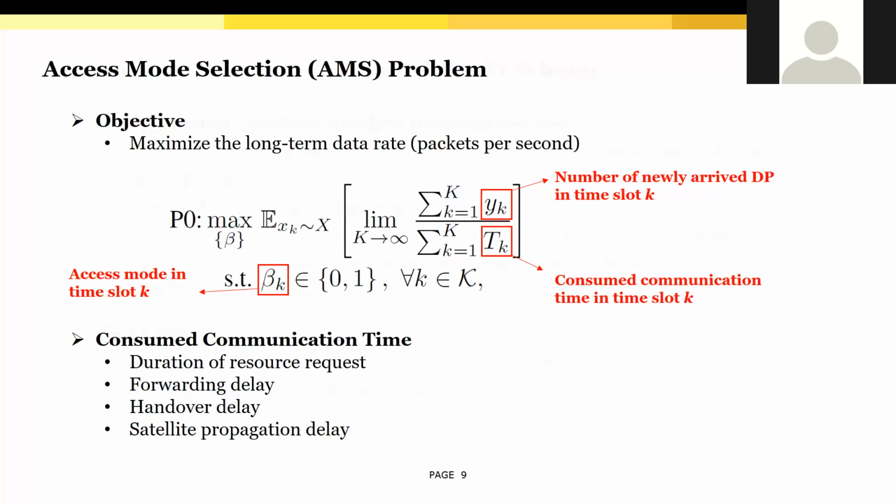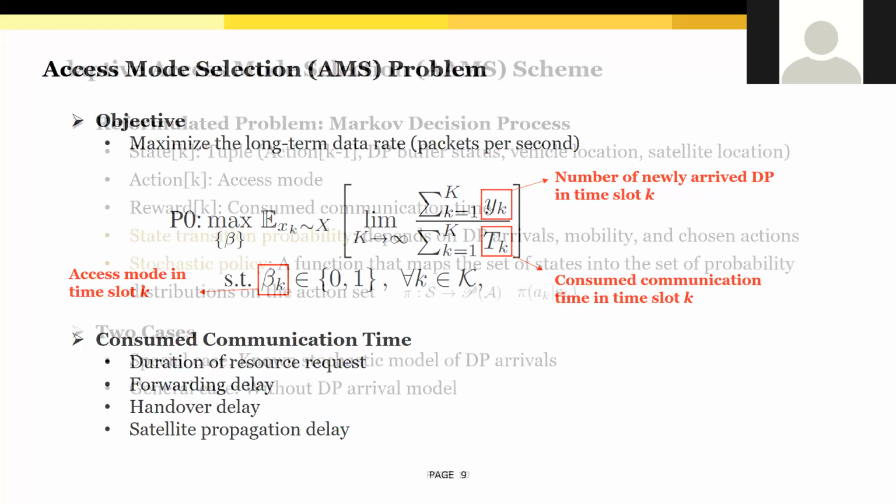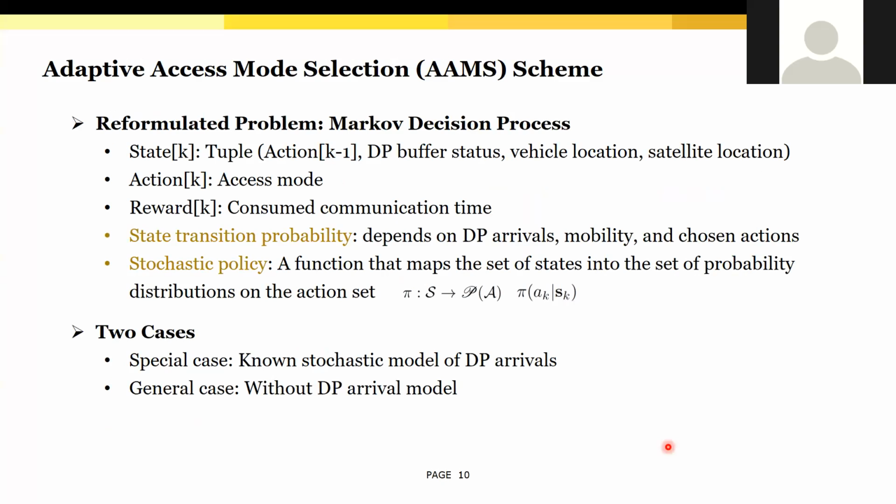To solve this problem, we consider the time-evolving network dynamics, and we leverage a Markov decision process framework to model the evolution of DP-related vehicle status. We first define the state as a tuple of the action in the last time slot, the DP buffer status, vehicle location, and satellite location.